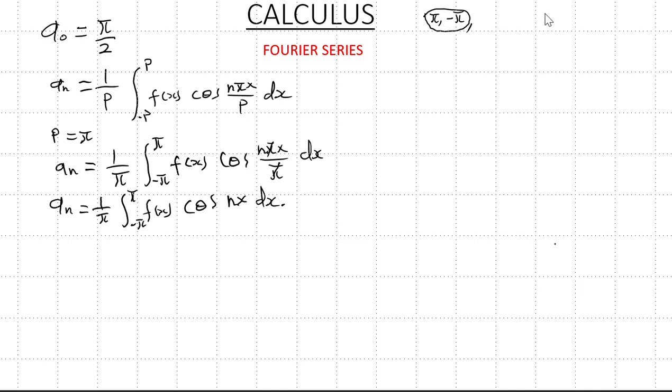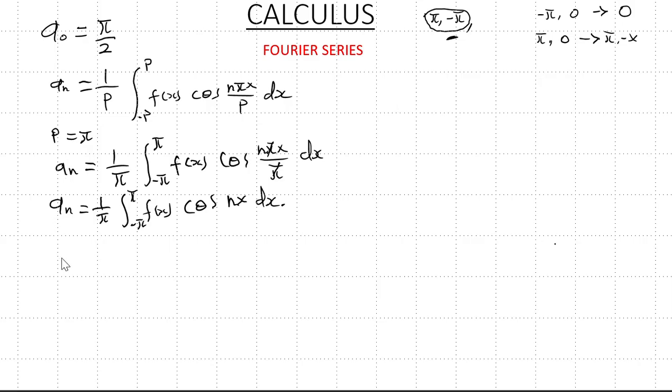For the two intervals, it was negative pi to 0, and that occurs when the function is 0, and then we have 0 to pi, and that occurs at pi minus x. We can see these two intervals are within this interval. So since they are within this interval, we are going to take the function with respect to the interval and add it to this.